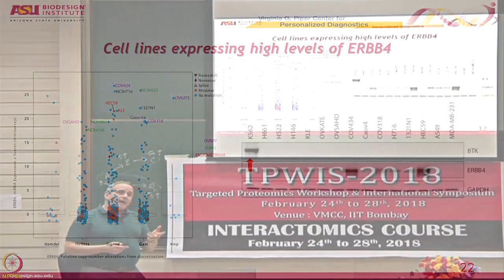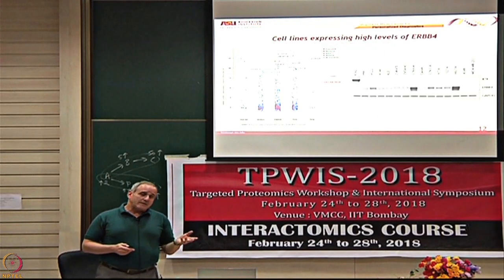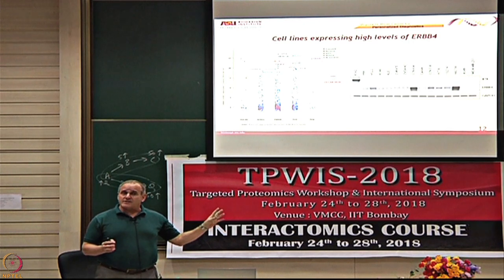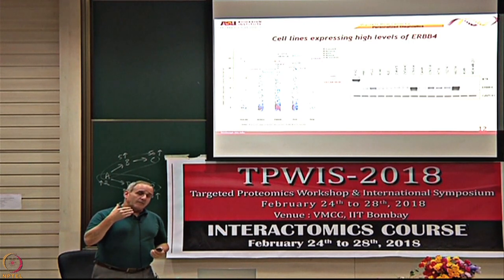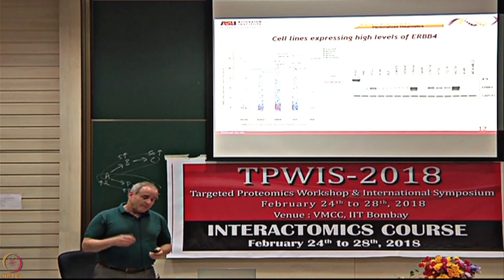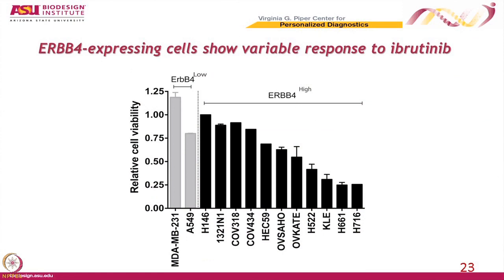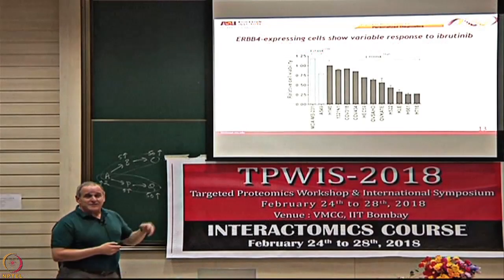Okay, so now we know that we have some cell lines that have both. And the first question we want to ask is, will ibrutinib inhibit these cell lines? Because our hypothesis now, based on our protein array study, is that ibrutinib inhibits ErbB4, and we think that that might in some way inhibit some cell lines that rely on ErbB4 for their cell growth. Keeping in mind that no one's ever really shown that before. So we treated all these cell lines with the ibrutinib, and what we saw was a range of activity.